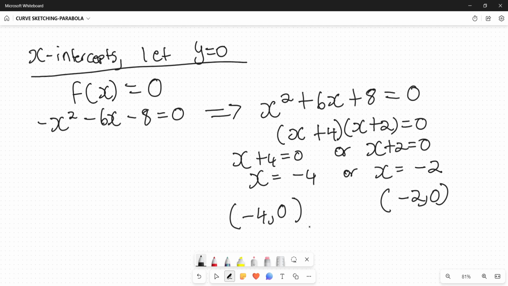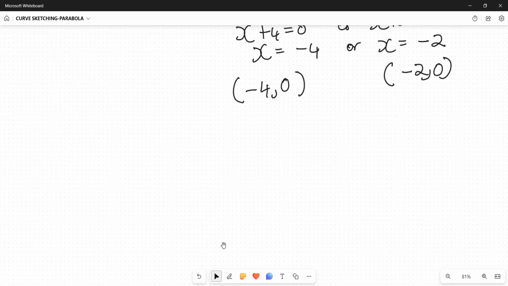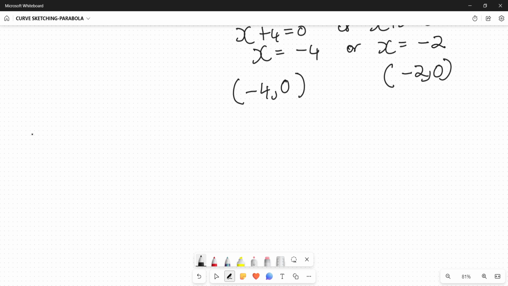So now we have already determined our turning point, y-intercept, and the x-intercepts. So now let me rewrite them here. Our turning point is negative 3 and 1.